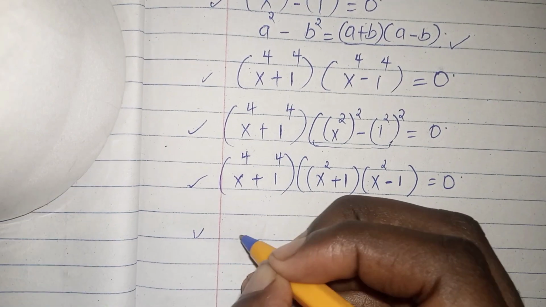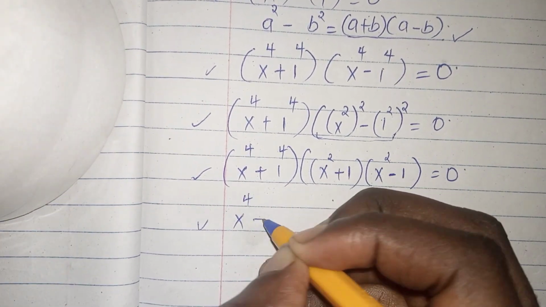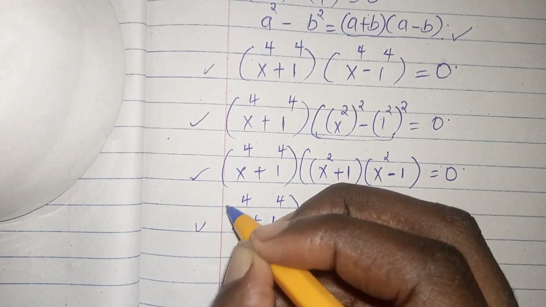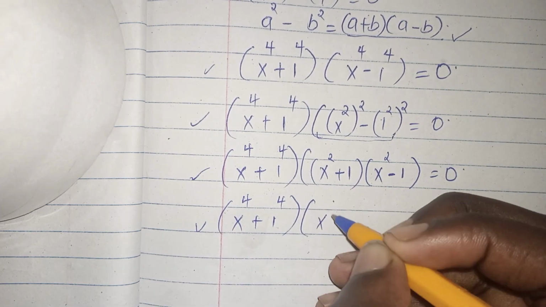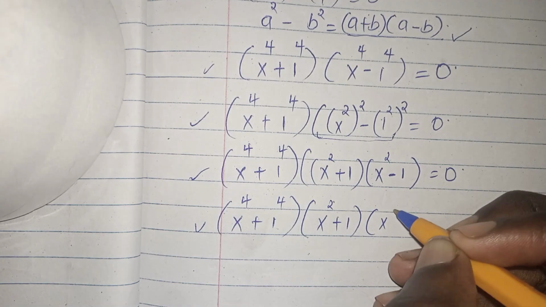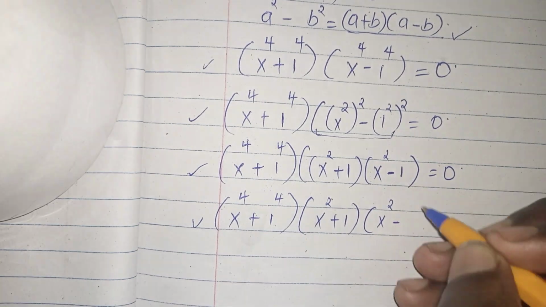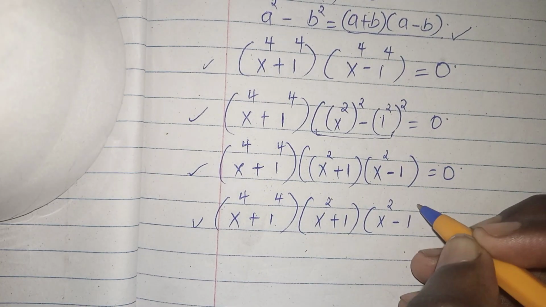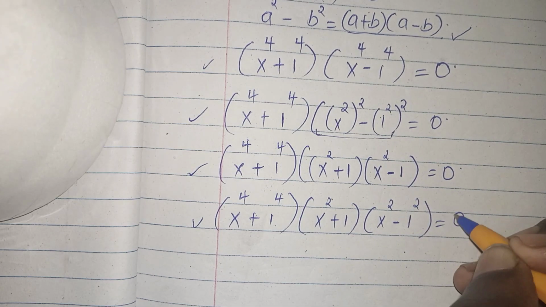So next step, (x to the power of 4 plus 1 to the power of 4) into bracket (x squared plus 1) in bracket (x squared minus 1 squared) is equal to 0.